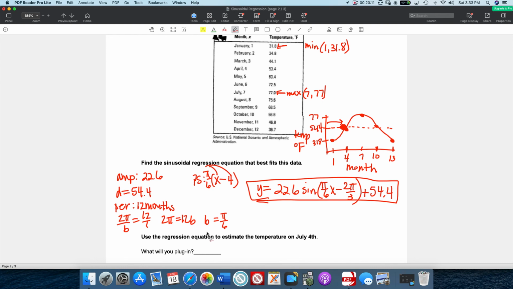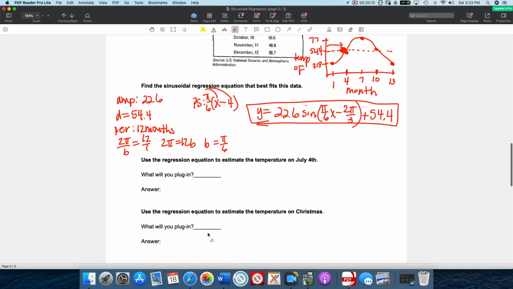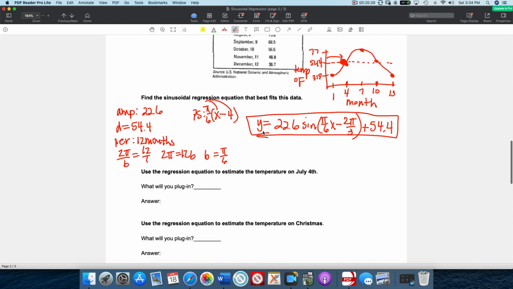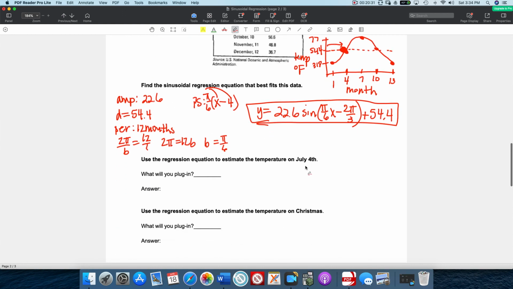Now, this is where it starts getting tricky. It says, use the regression equation to estimate the temperature on July the 4th. What will you plug in? All right, remember, X is in months. This is month 7, but it's into month 7.